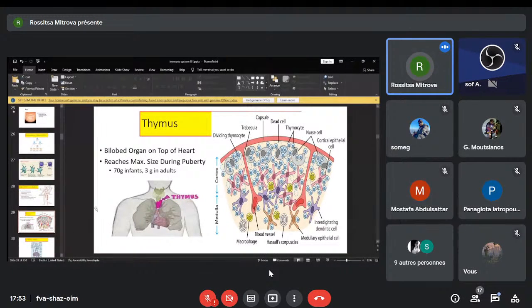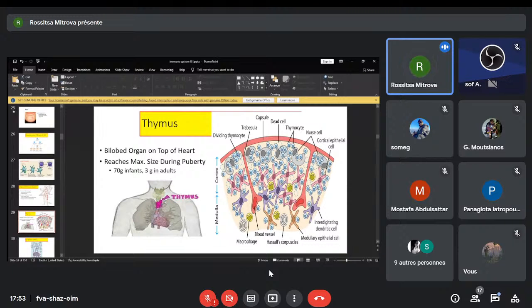Here you have the thymus, the beloved organ on top of the heart. It is in the anterior mediastinum, and it is very important in children because in an infant it weighs 70 grams and only 3 grams in adults.